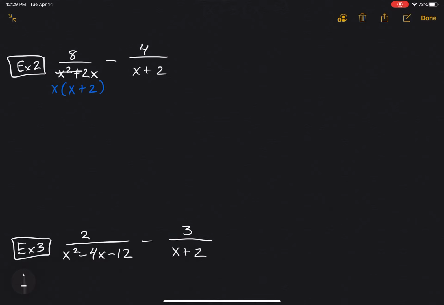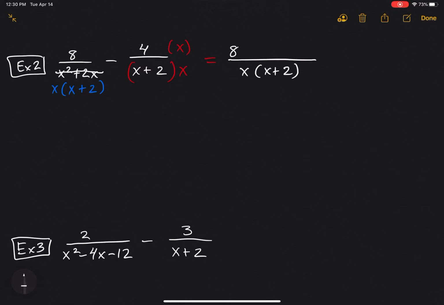Again, this denominator turned into x parentheses x plus 2. So to get the same denominator, all we have to do here is multiply this fraction by an x on the top and on the bottom. That way we have x parentheses x plus 2 on both denominators. And now we're ready to add or subtract, because they do have the same denominator now.